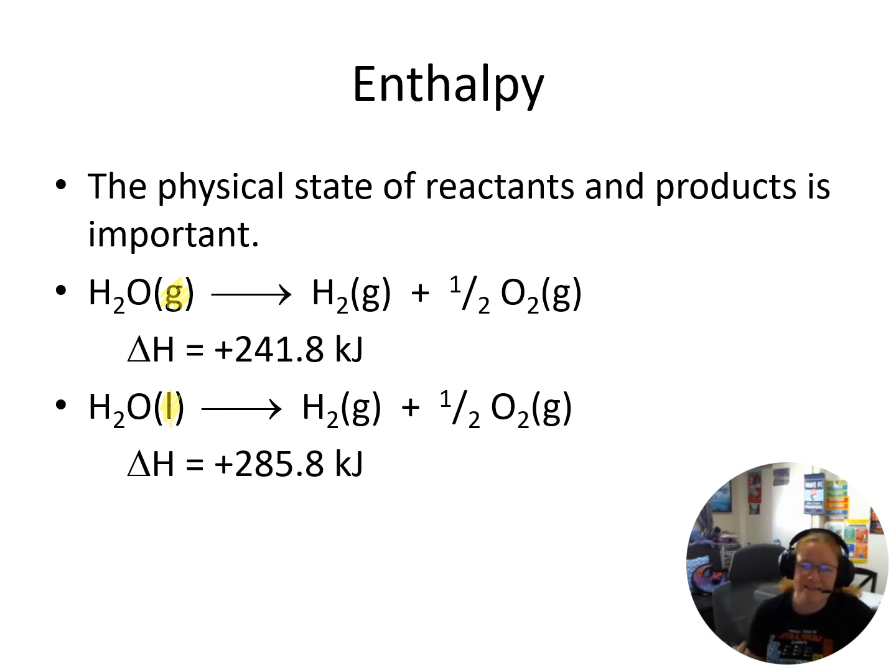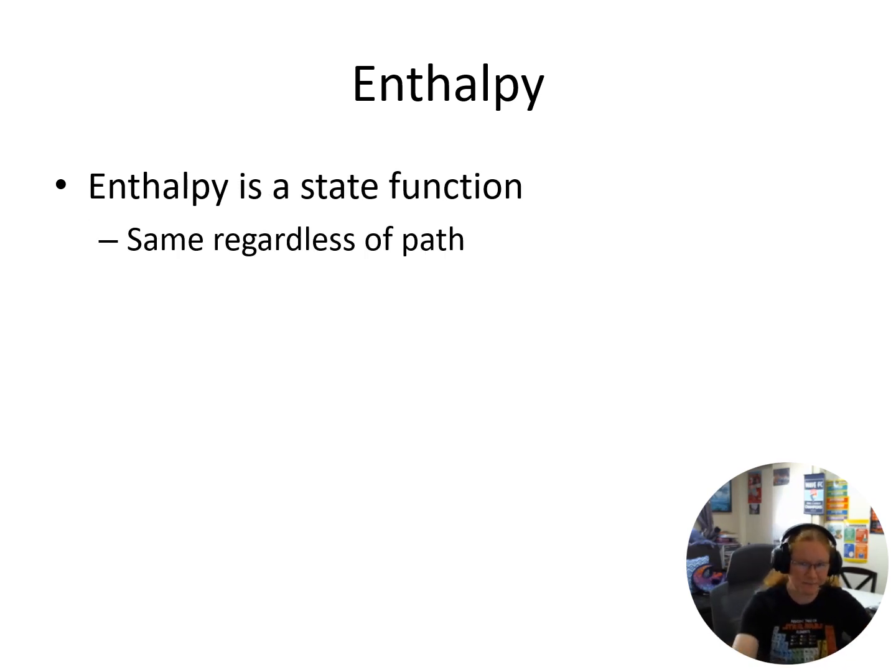So why is the liquid more energy? What do you think? Well, in order to do these reactions, we have to get to that gaseous state. And so the liquid has to go to a gas, and then the reaction proceeds. And so we get more energy because we have to do that phase change first. Okay? And then remember, enthalpy is a state function, same regardless of path, so path independent.